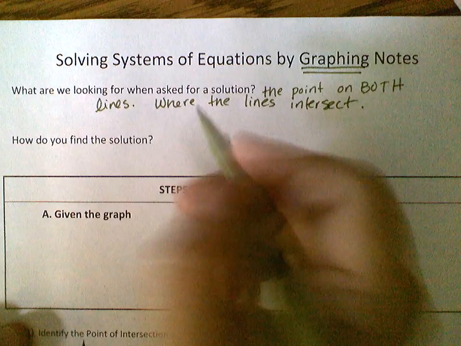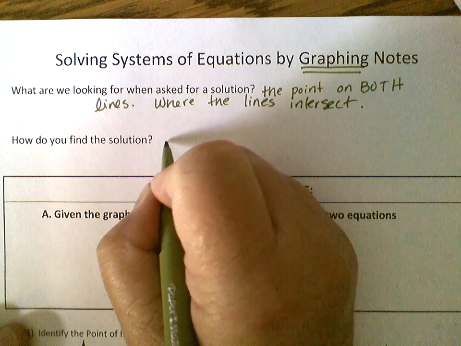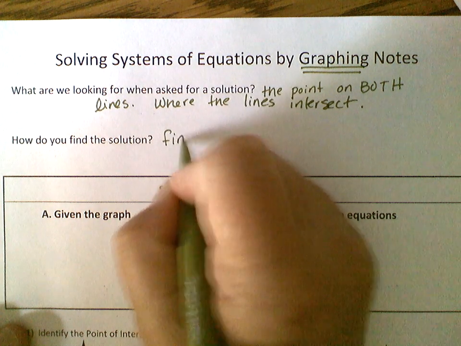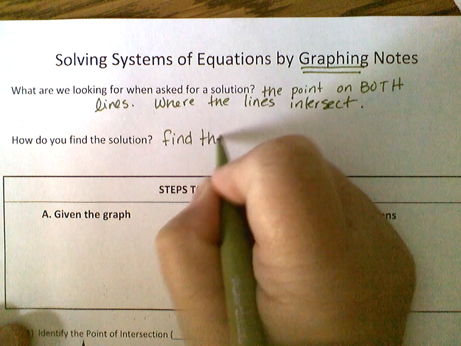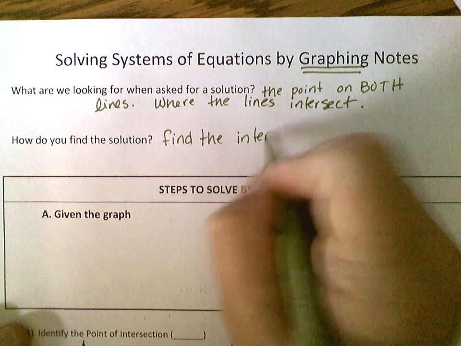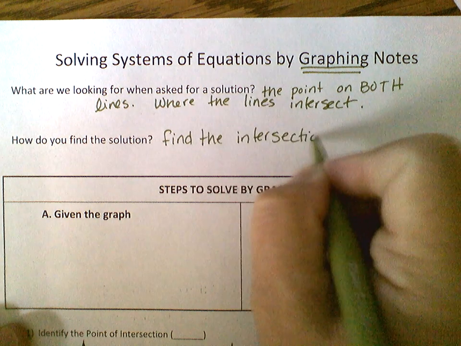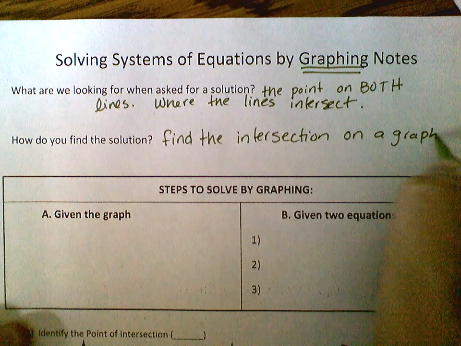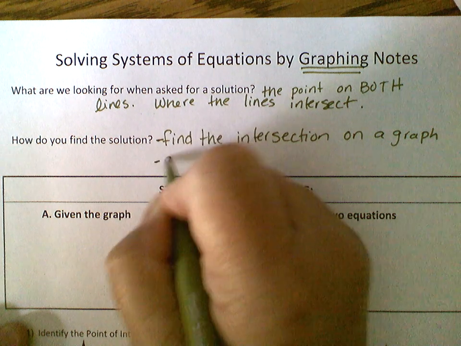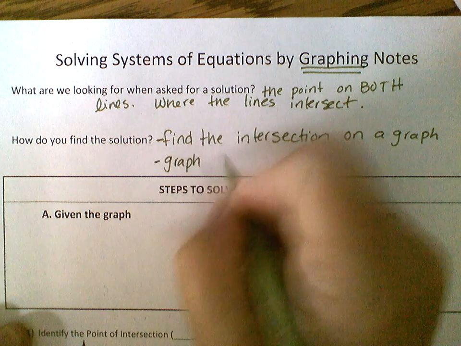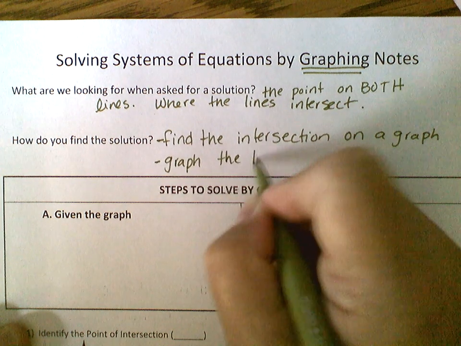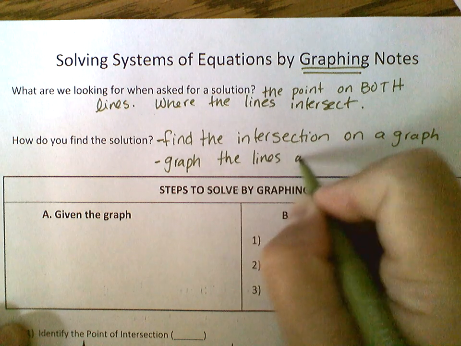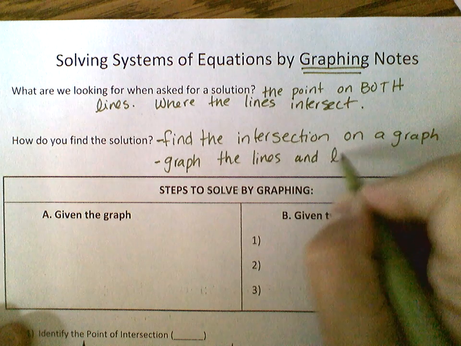So how do we find the solution? We either find the intersection on a graph, or we graph the lines and look for the intersection.